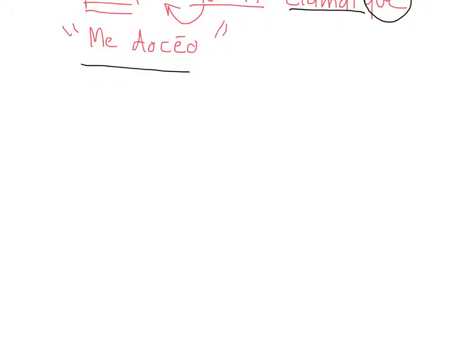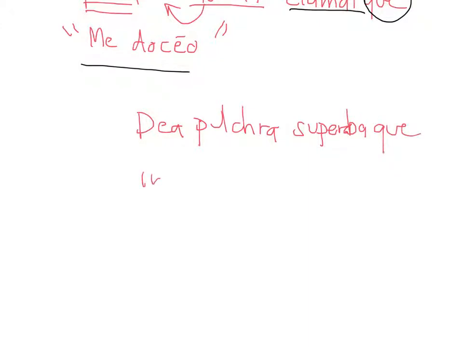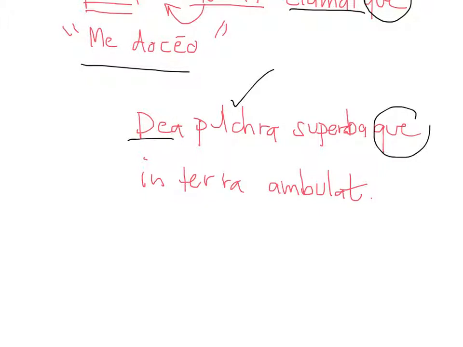The book has a third example. Dea, pulchra, superbaque, in terra ambulat. So it says, the goddess, dea, the goddess, beautiful, pulchra, and proud, superba, walks on earth.